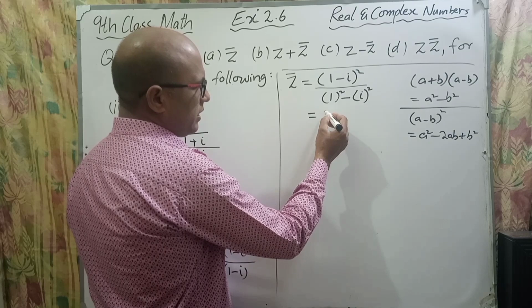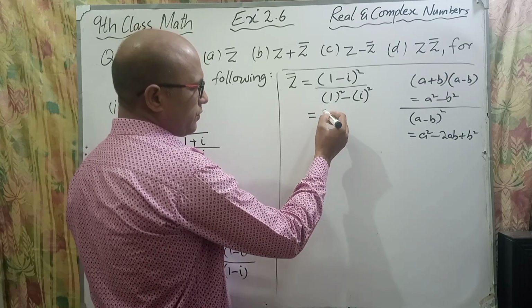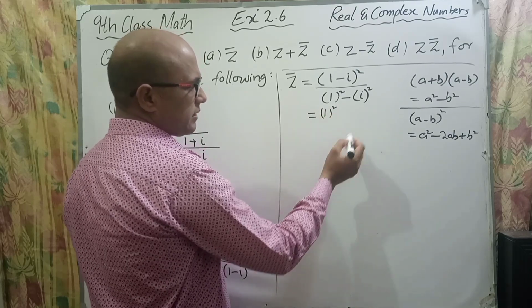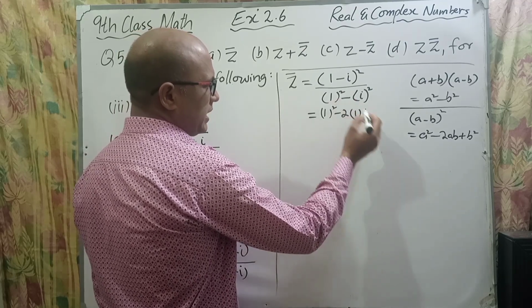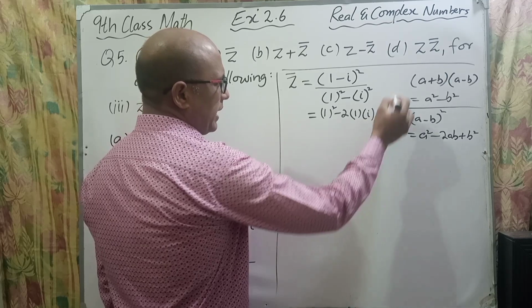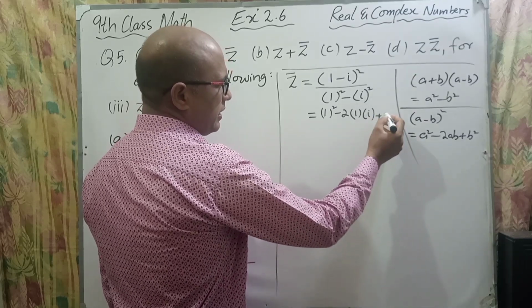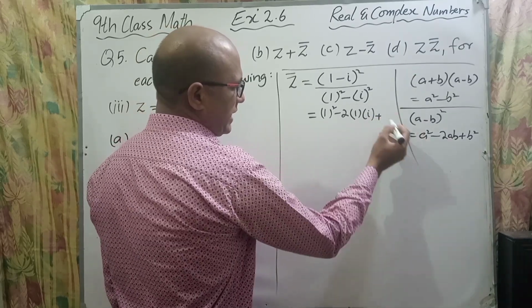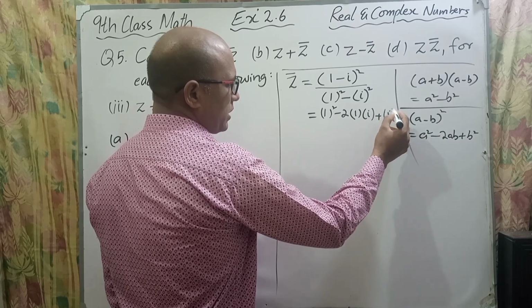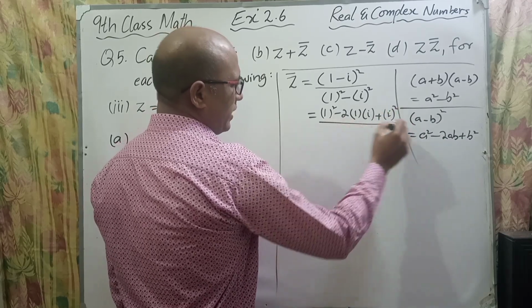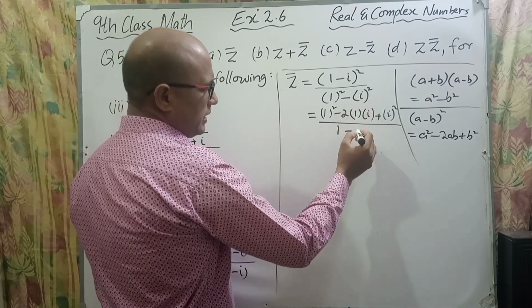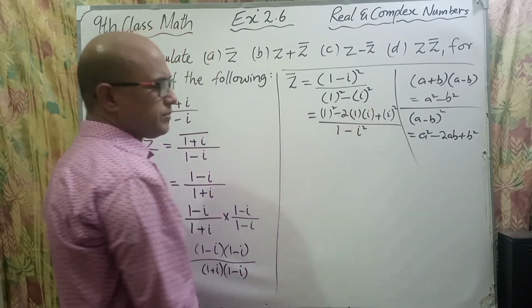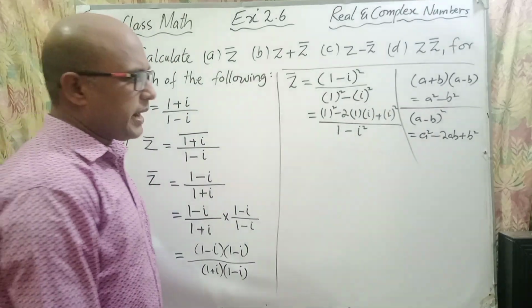First of all, we'll write square of 1 minus 2 into first term 1 into second term iota plus square of second term, iota square. Over square of 1 is 1 minus iota square. Will remove brackets.